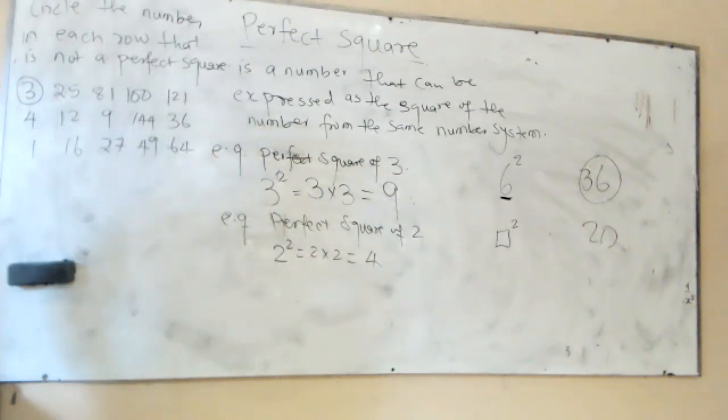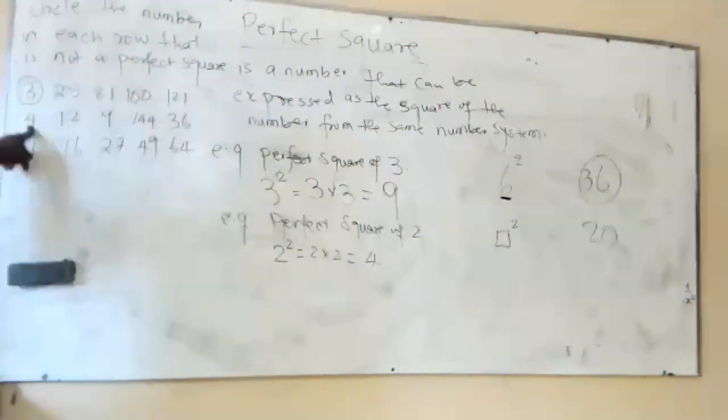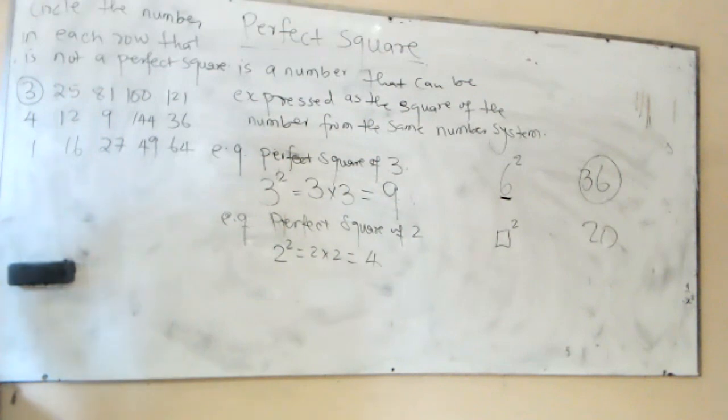And then 121, is it a perfect square? Yes. Why do you say it's a perfect square? Because 11 to the power of 2 gives us 121. Very true. And then 4, is it a perfect square? Yes. 4 is a perfect square because 2 to the power 2 is 4, right? And then 12, is it a perfect square?